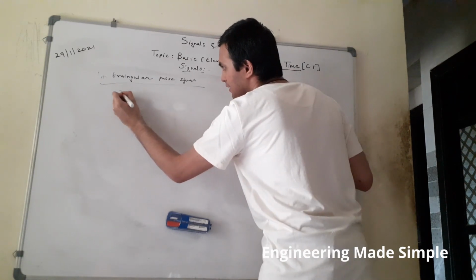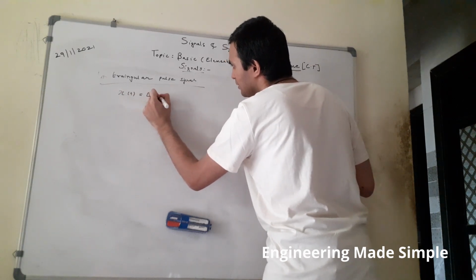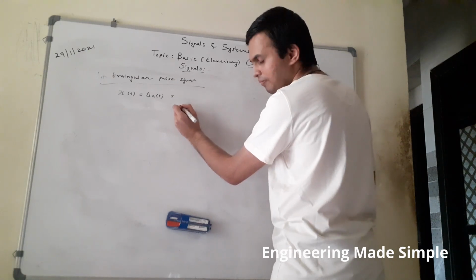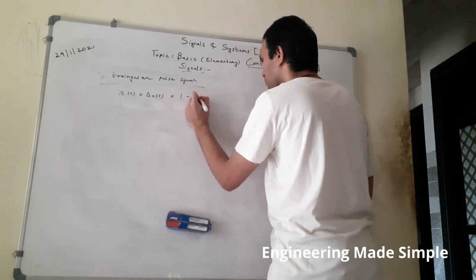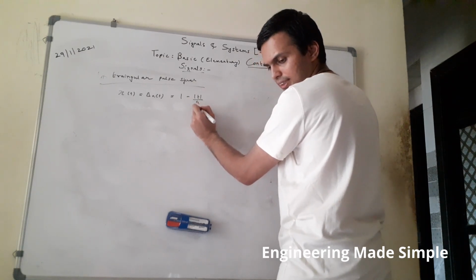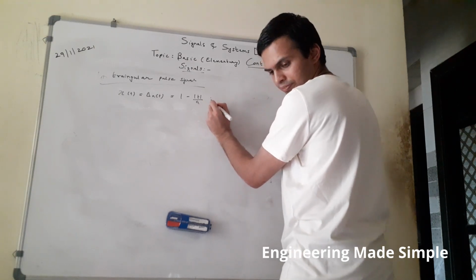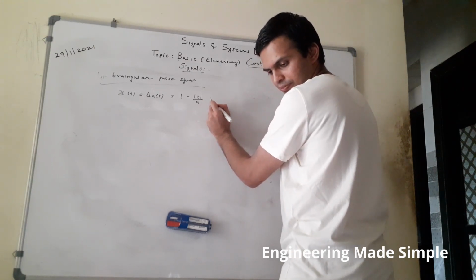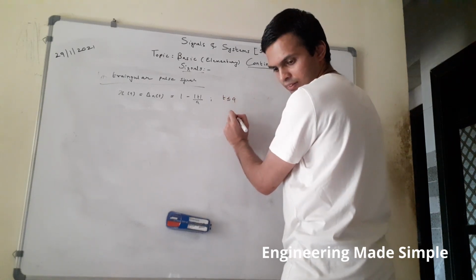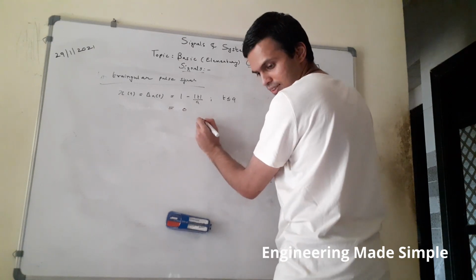So x of t is equal to, the triangular pulse is denoted by this symbol, like a triangle over here. 1 minus modulus of t by a, for modulus t less than or equal to a, and it is defined as 0 elsewhere.